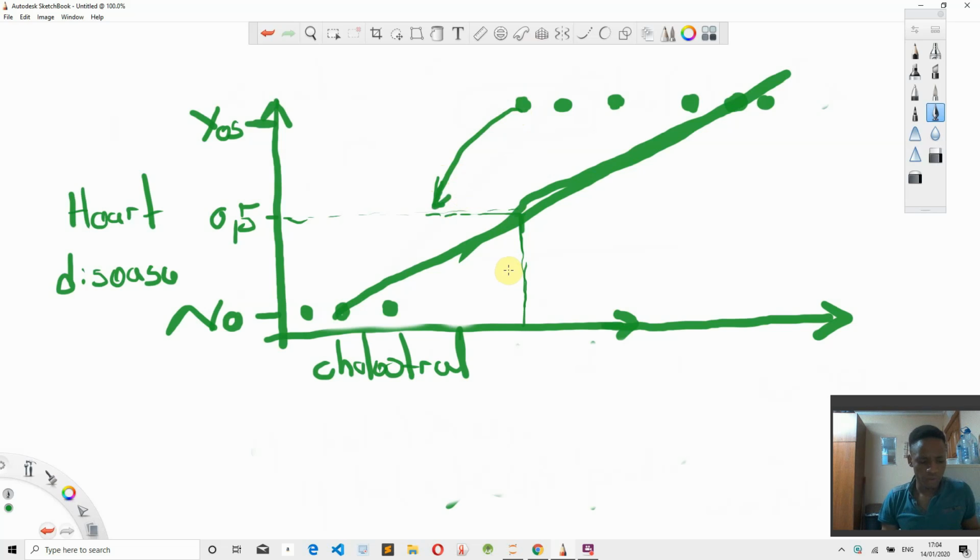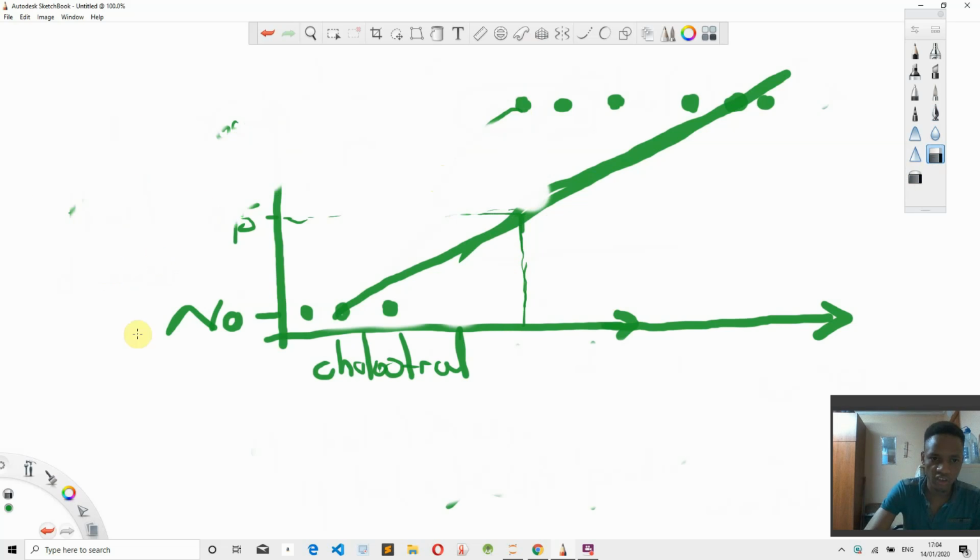To solve this problem, that's where what we call the logistic regression comes in. The logistic regression, or the logistic function. So let's first define the hypothesis for the logistic regression model.